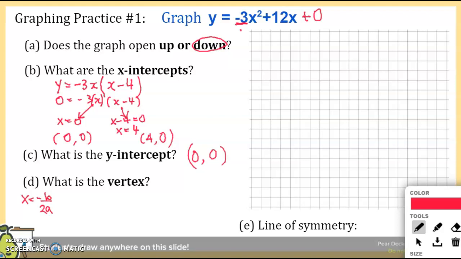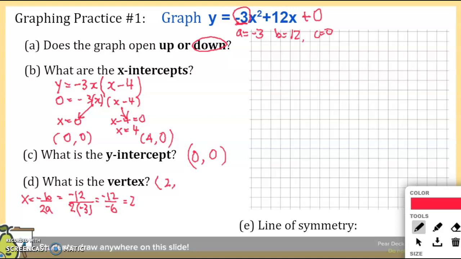What is a? a is negative 3, because that's the number in front of x squared. What's b? b is the number in front of the x term, that's 12. And c in this case is 0. So negative b means negative 12 over 2a, 2 times negative 3. That becomes negative 12 divided by negative 6, which is positive 2. So I figured out the x coordinate of the vertex is positive 2.